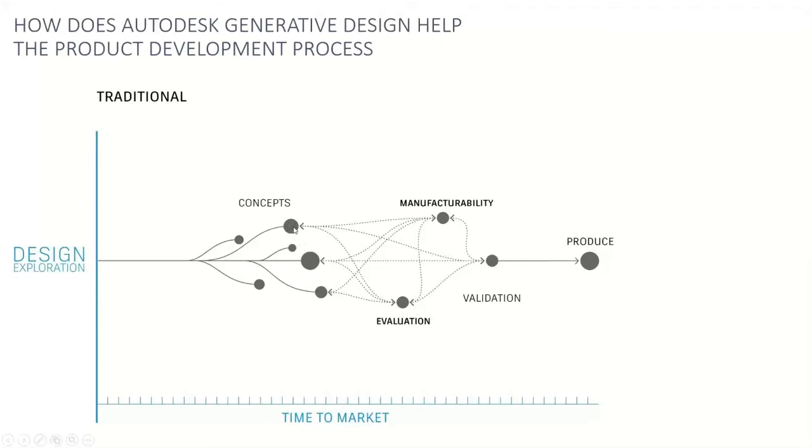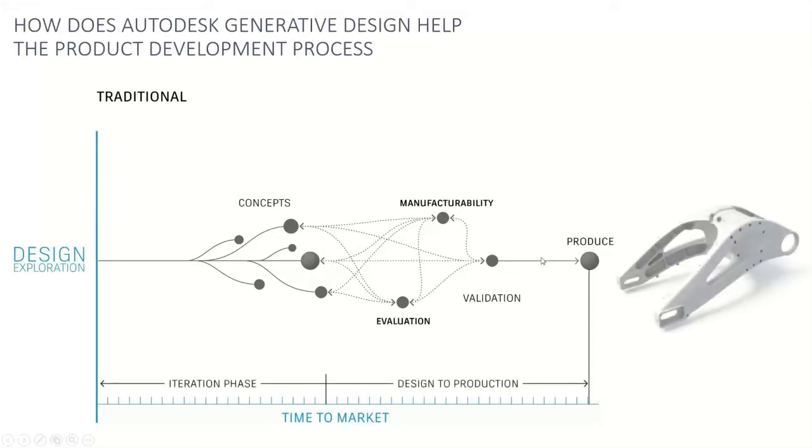Because if ever you created or used this concept, then pagdating mo sa validation, oops, we cannot produce it because hindi tayo okay for the manufacturability ng part na yan. So tumatagal yung time to market after the conceptualization before pa ma-earn yung ROI for the design product. Okay, so this is the iteration phase and the design to production, and this is the output.